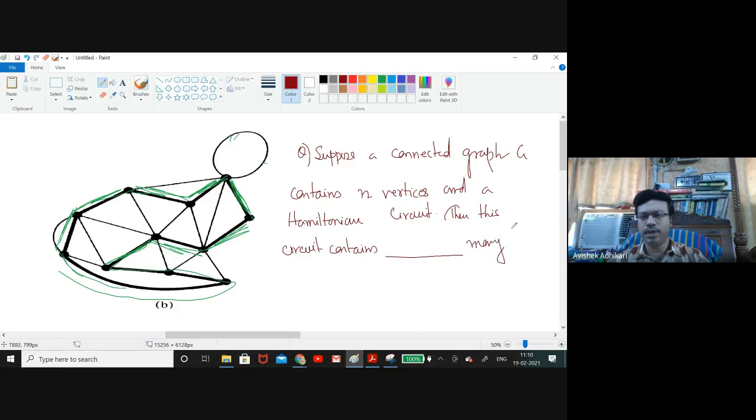Can you tell me how many edges? Fill in the blanks. Vertices, then how many edges should it contain? Any idea? Quickly.